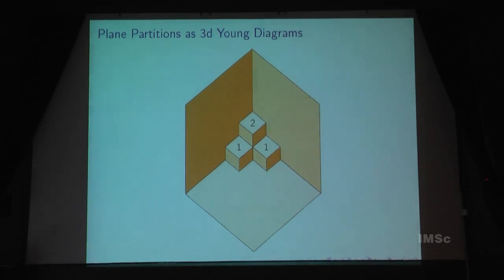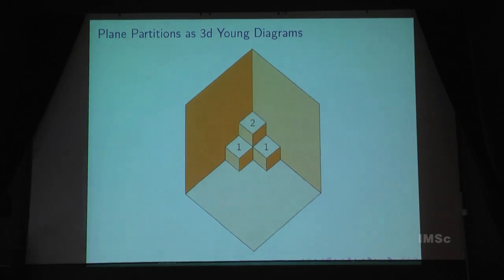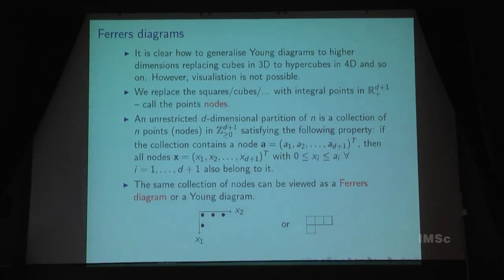And just to point out what Rajesh was saying: I wrote 1, 1, 1 and claimed that this is a 2-dimensional partition, and he was objecting to it. The reason is the following: if I lift this up and then project down, it will become 2, 1.